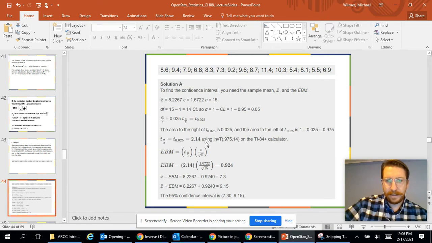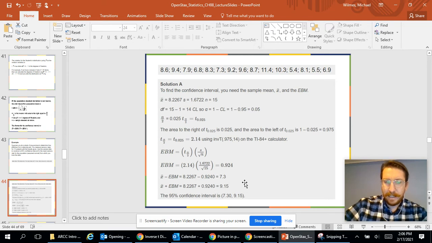We know the s is the sample standard deviation, and we know the square root of n. There's 15. So we plug all that in. We calculate the EBM, the error bound for the mean, 0.924. Then we take that 0.924, add it and subtract it from the average, and we get our range of values, 7.3 up to 9.15.